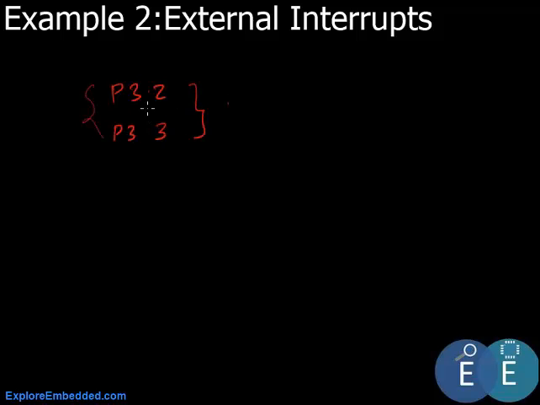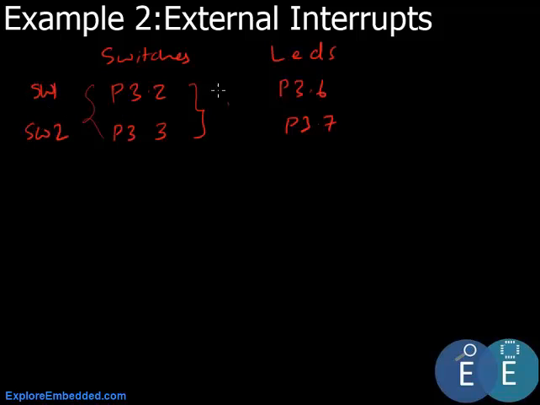Again, with an example on interrupts, we have connected two switches to port 3.2 and 3.3, and similarly we have two LEDs on port 3.6 and port 3.7. So this is switch 1, this is switch 2, this is LED 1 and LED 2.